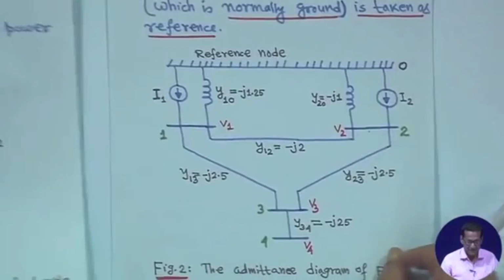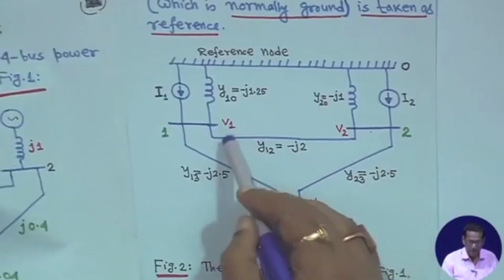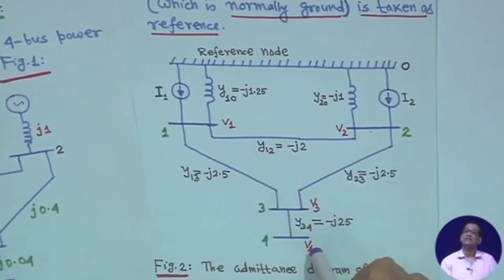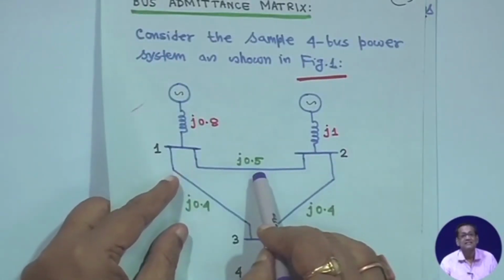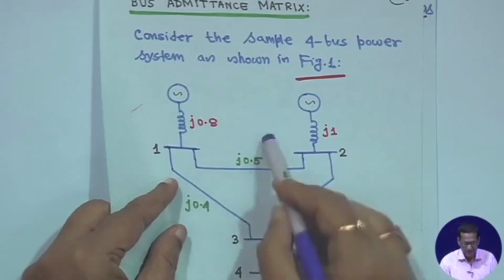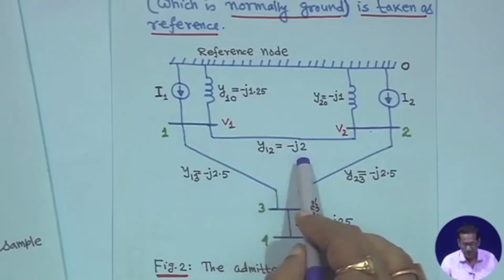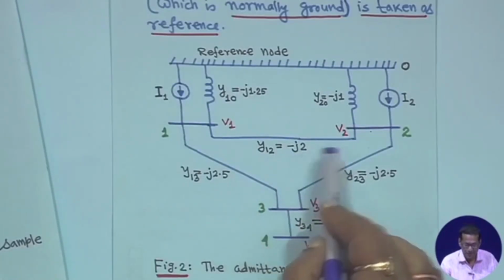The voltages at the four buses are marked V1, V2, V3, V4; these are complex voltages. Between 1 and 2, the reactance is j0.5, R is neglected, so 1 upon j0.5 is minus j2. So admittance y12 is minus j2, equal to y21.